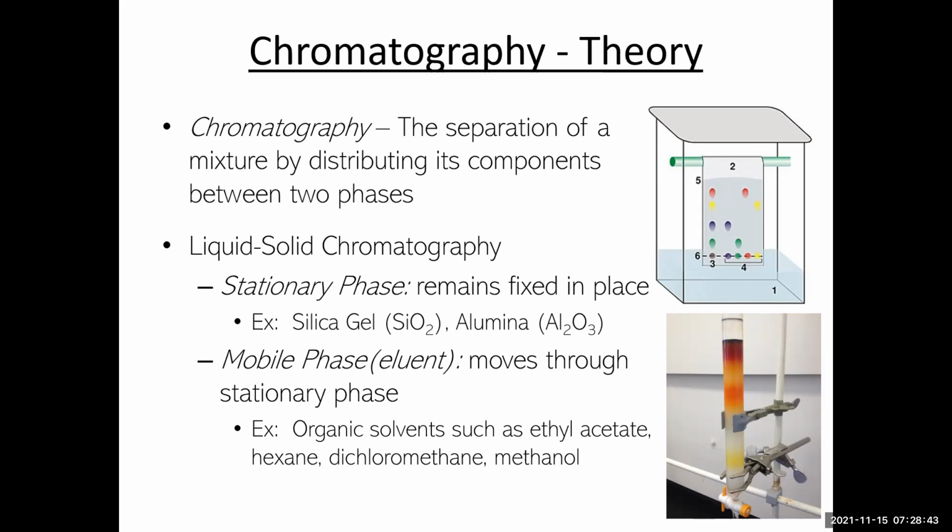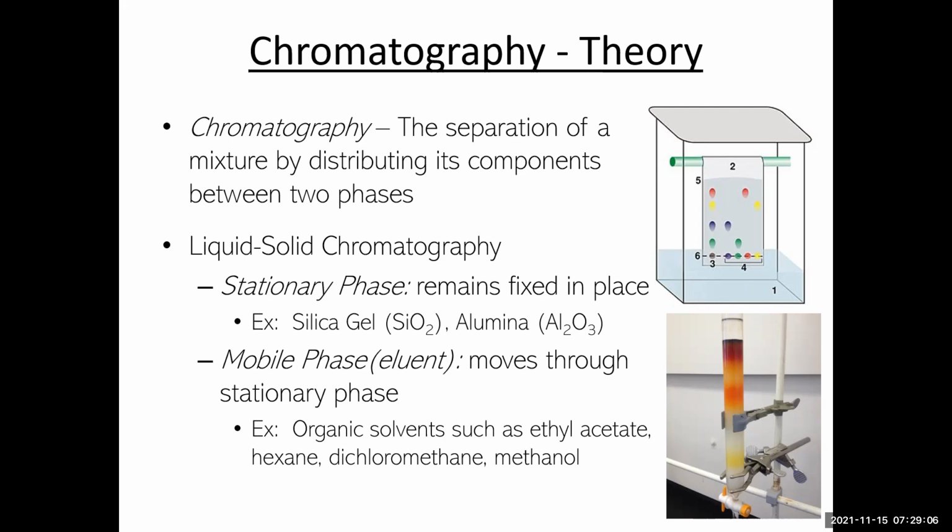Dichloromethane is not as polar as methanol, but they still mix in all proportions, which is great. So we can get different mixtures, maybe 50-50, 80-20, that sort of thing, which have different polarities based on the amount of dichloromethane or methanol in the mixture.